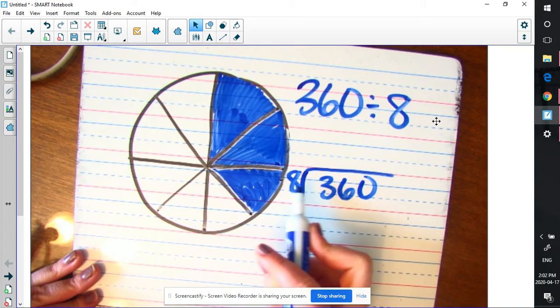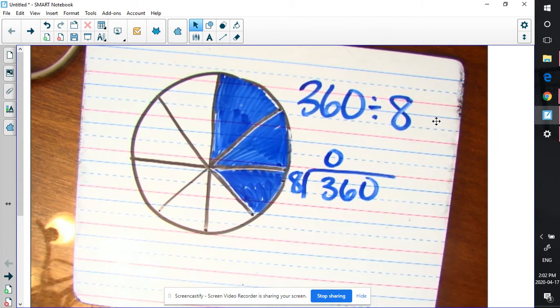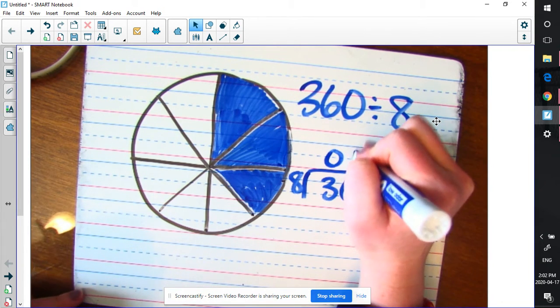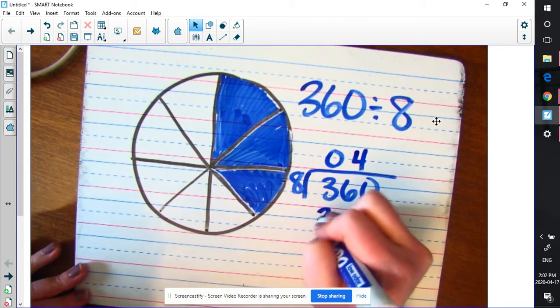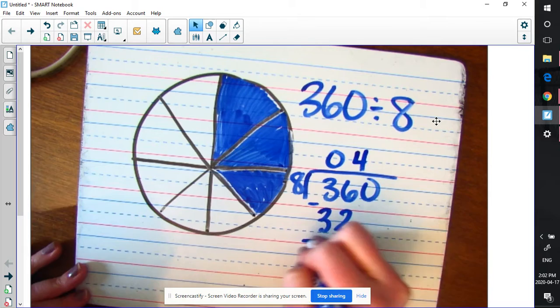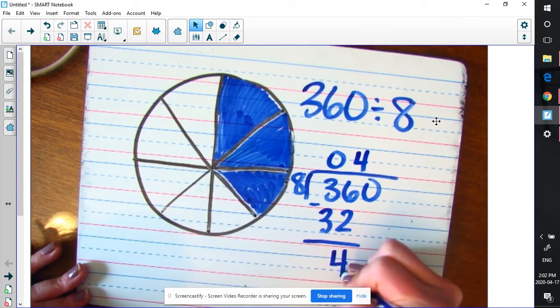So I cannot get 8 into 3, so I put 8, 0. I can get 8 into 36, 4 times. 8 times 4 gives me 32. I subtract 36, subtract 32, that gives me 4.